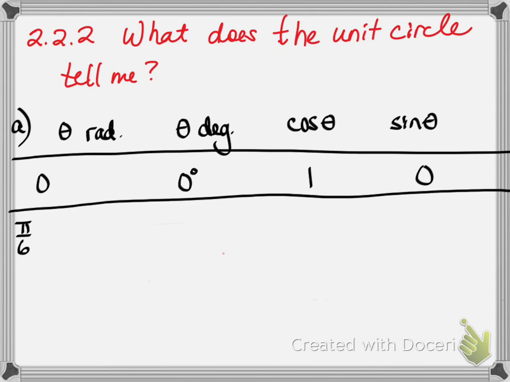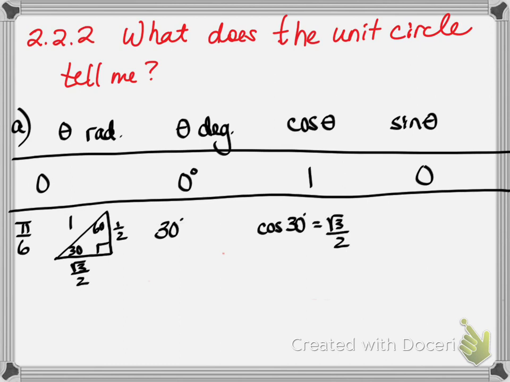We have pi over 6, that's 30 degrees. I'm going to draw our 30, 60, 90 here. Hypotenuse was 1, this was a half, and this was square root of 3 over 2. So if we wanted to find the cosine of 30 degrees, it is A over H, using our right triangle.